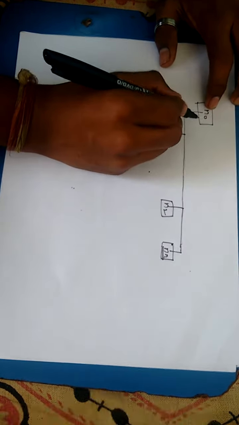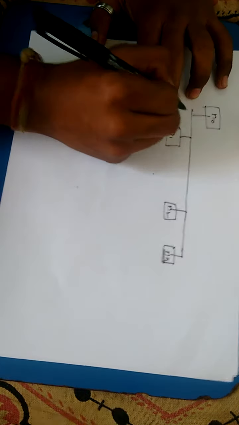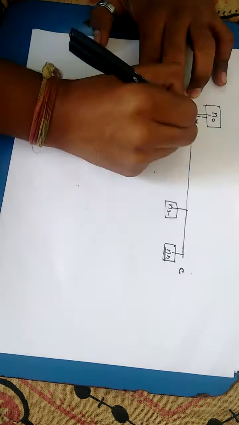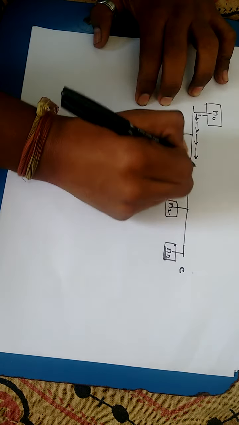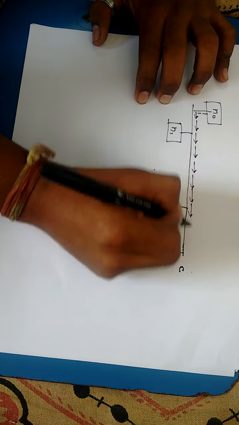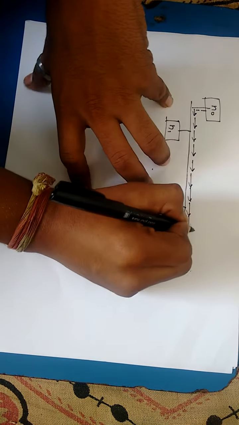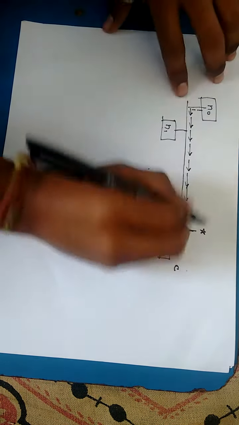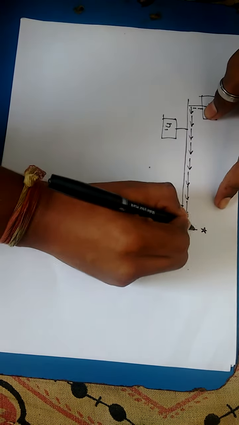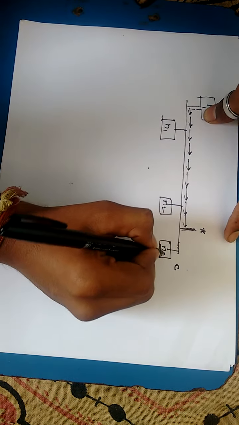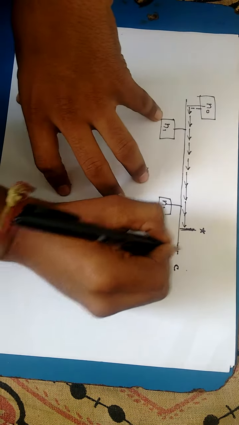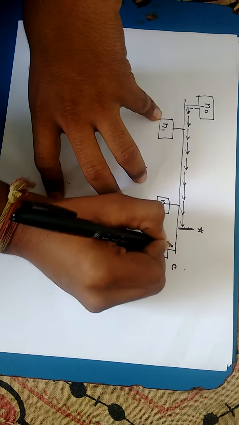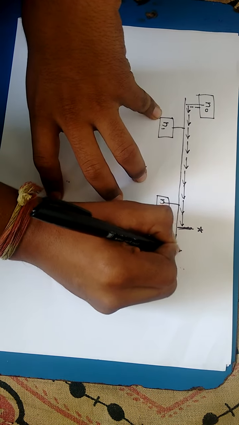Now let's consider N0 senses the carrier C and starts the transmission of a packet of data. At the point when the first bit of this packet reaches NN, at that same time NN also senses that the carrier is free, so NN will also transfer data.